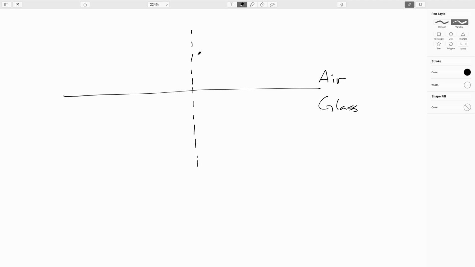We'll go ahead and erect our normal here. Remember, we always measure angles in optics with respect to the normal. So this is our angle of incidence here. This is our incident ray here, and this is our angle of incidence.